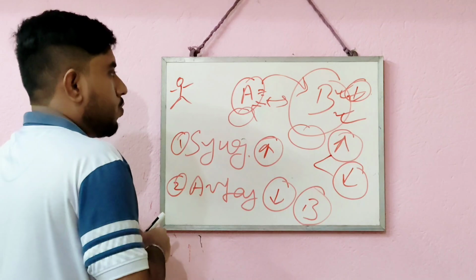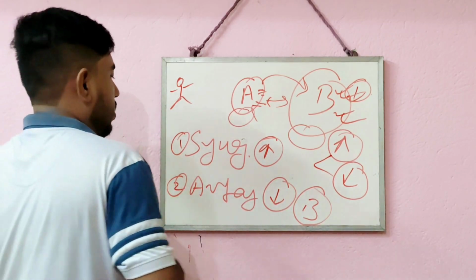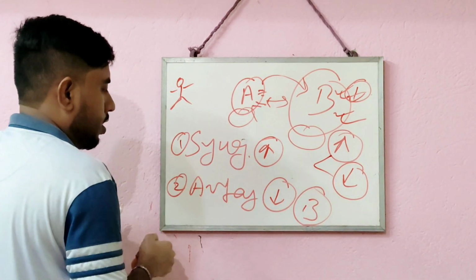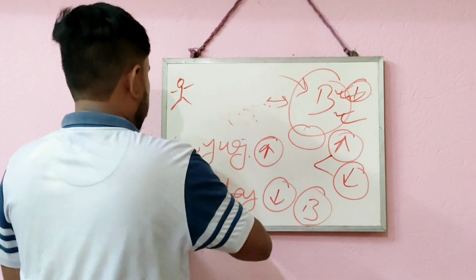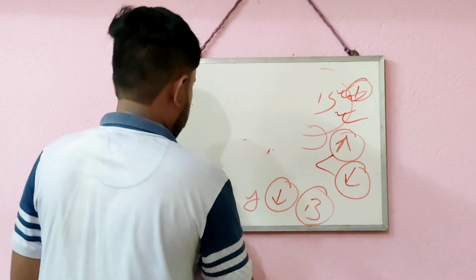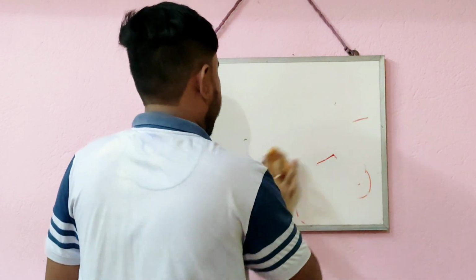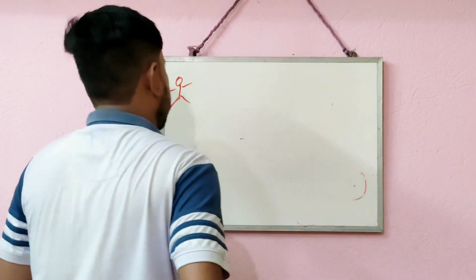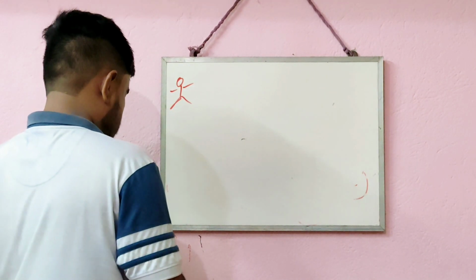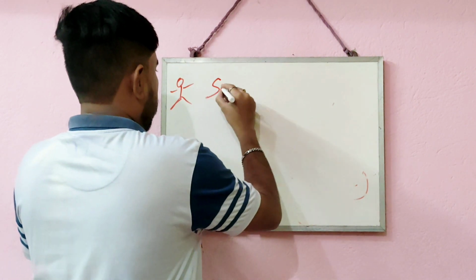Now we are going to discuss in detail the different parts of synergism and antagonism. The first one is synergism.